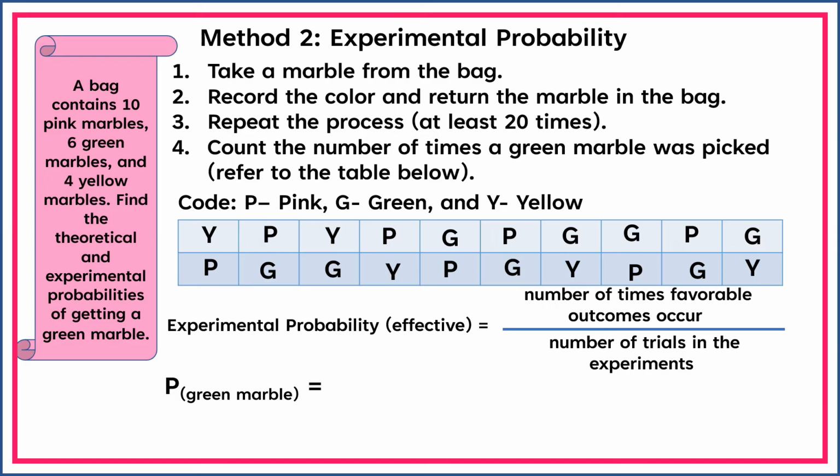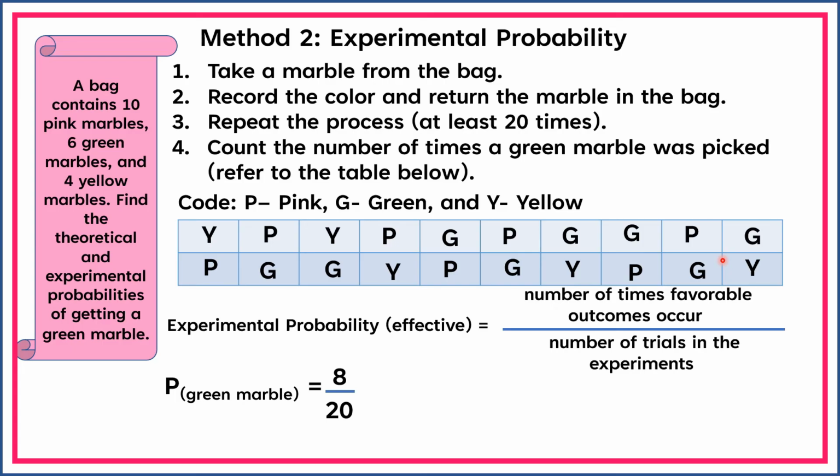So we have probability of green marble is equal to number of times favorable outcomes occur, which is 8. We have 8 G's in our table: 1, 2, 3, 4, 5, 6, 7, 8. Over number of trials in the experiment, which is 20.